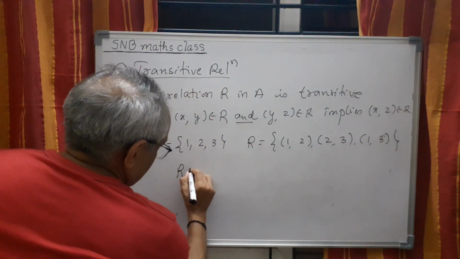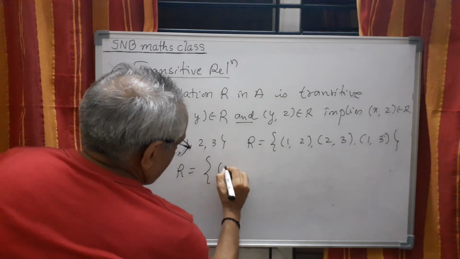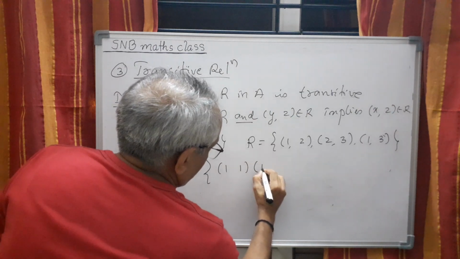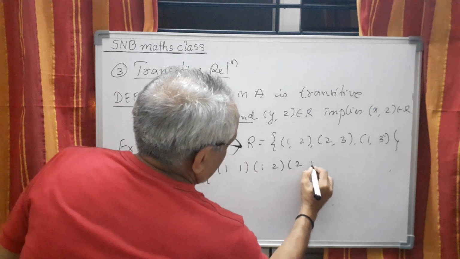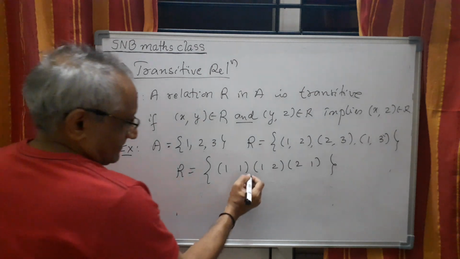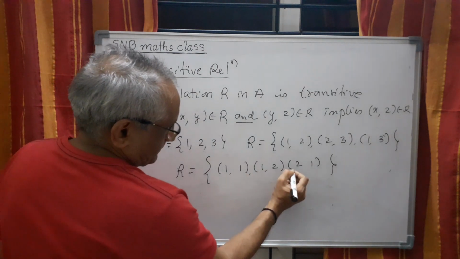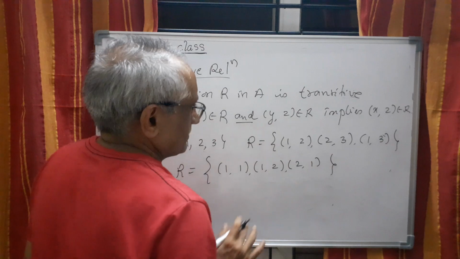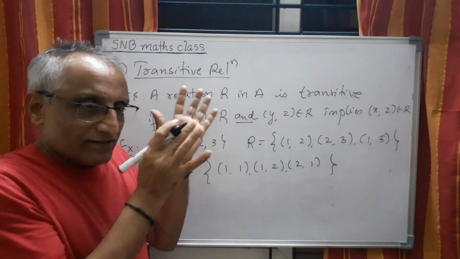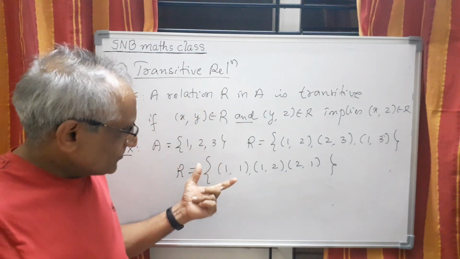Suppose you take (1, 1), (1, 2), (2, 1). Is it transitive? Don't worry about the remaining. Whenever we talk about transitive, don't think about reflexive and symmetric. Forget them.